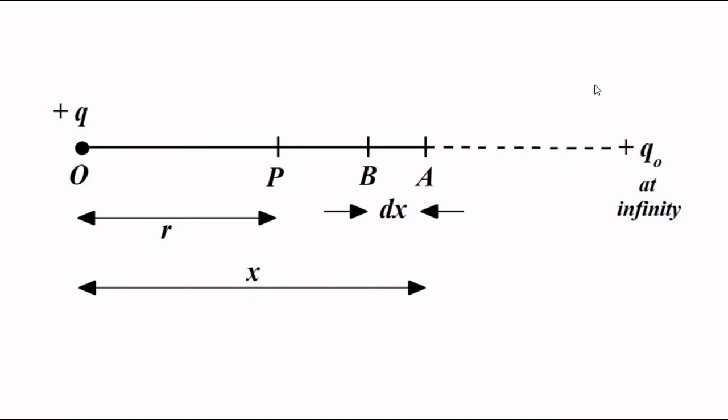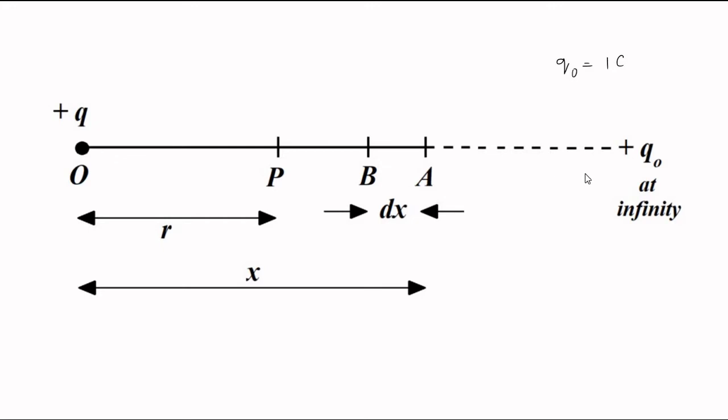Let's say we have a unit positive test charge Q0 equal to 1 coulomb. What we have to do is move this test charge against the electric field of Q and move it to various points, A, B, P, like that.